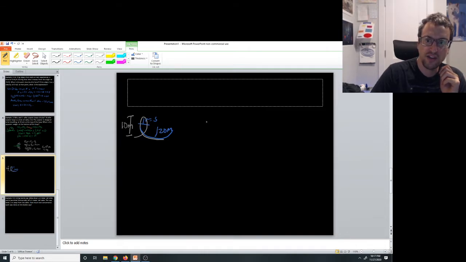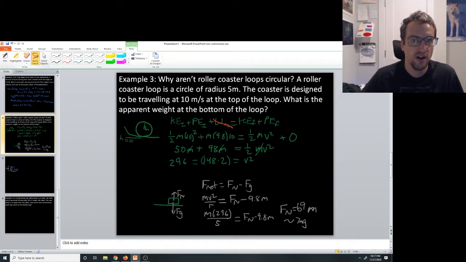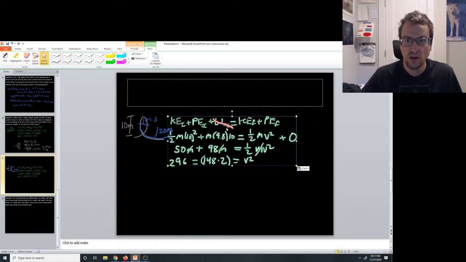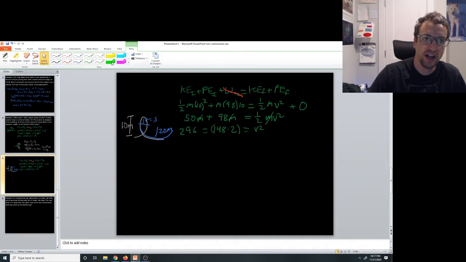The good thing is that this whole part is still true. The height's still the same, the velocity at the top's still the same. But now when we do the force diagram, we get a very different result. It's still Fg and Fn, but now Fnet equals Fn minus Fg.